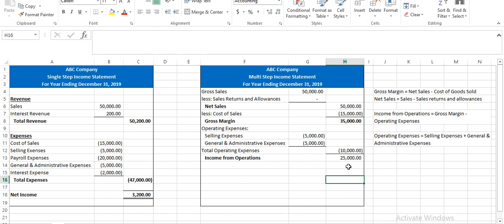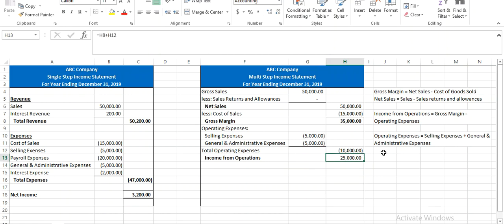What is worth mentioning, sometimes a company can have more operating expenses than they would have gross margin. And in instances like those, it's not really income from operations, it'll be a loss from operations. So we only call it income because this is a positive number.